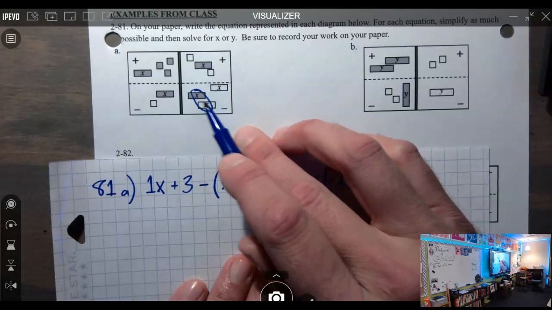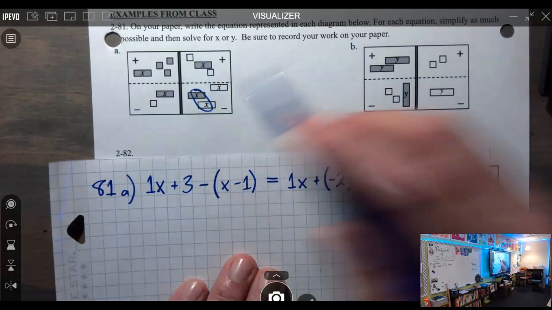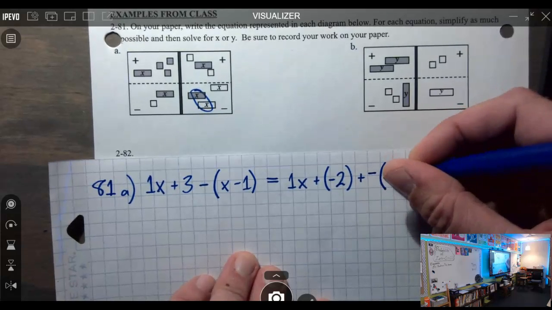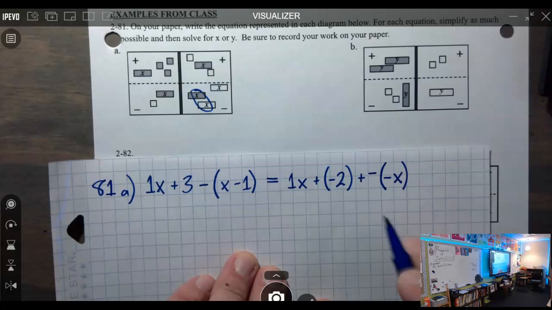We could go ahead and get rid of that x and negative x. So really, on the bottom, I have the opposite of negative x.